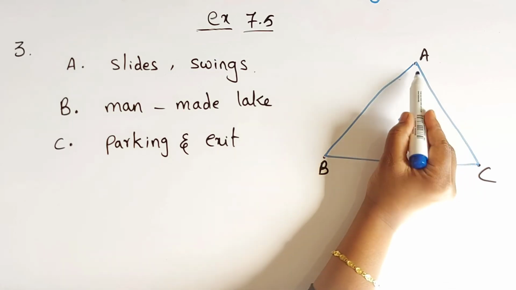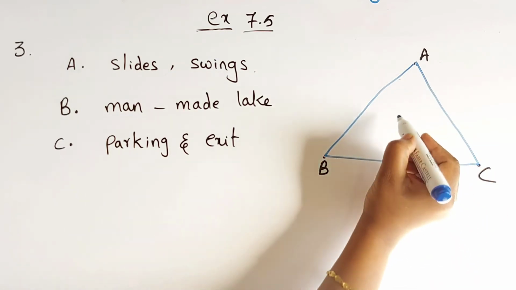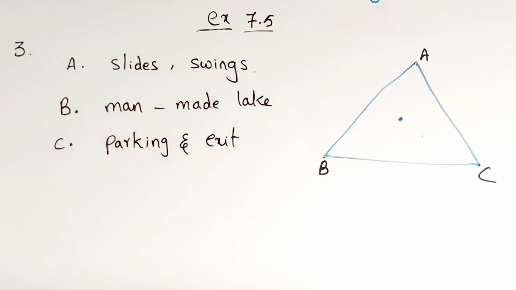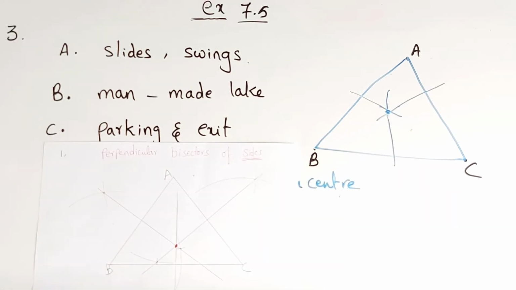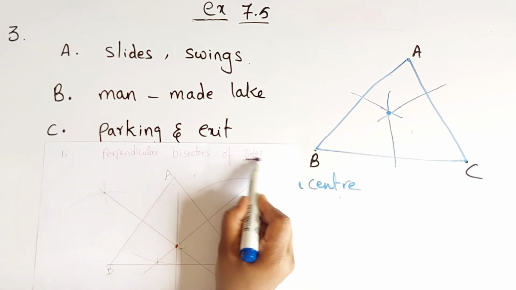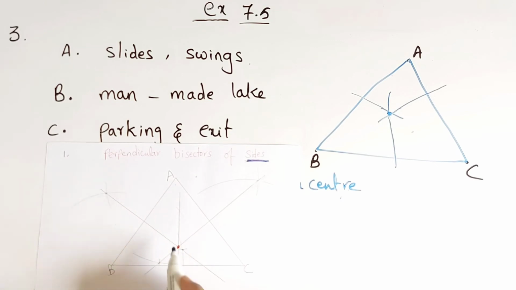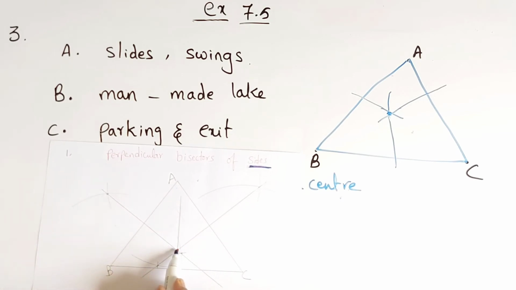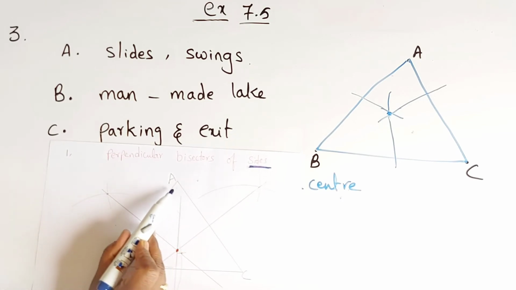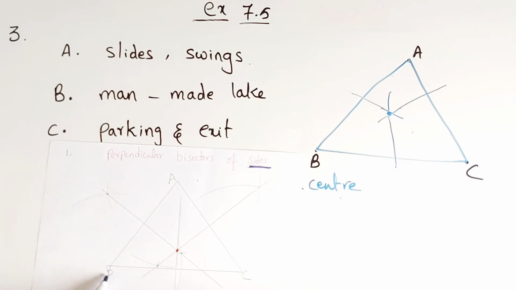Therefore, if you observe the first question, it is the same thing, children. This point is called the circumcenter. This is exactly the first question. We drew perpendicular bisectors of the sides for triangle ABC, then we got the circumcenter. Think this is the slides and swings place, this is the man-made lake place, and this is the parking place.